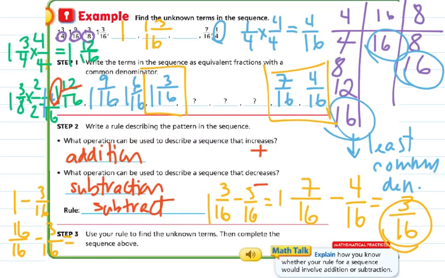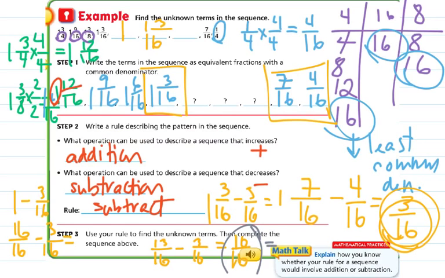So we have 16/16 minus 3, we would get 13 sixteenths. Now we're going to go again, boys and girls, and do 13 sixteenths subtracted by our rule again, 3 sixteenths, and we say 13 minus 3 is 10, so we would get 10 sixteenths. Now here, boys and girls, 10 sixteenths is not simplified, so we're going to simplify 10 sixteenths.